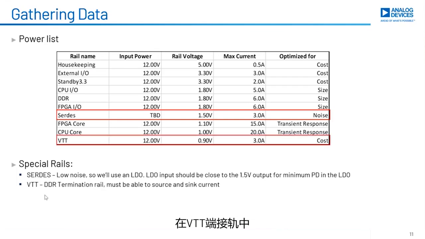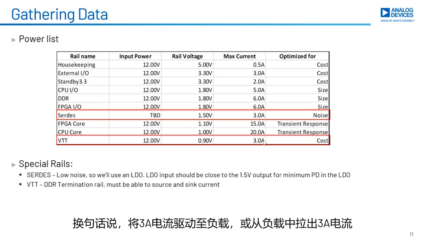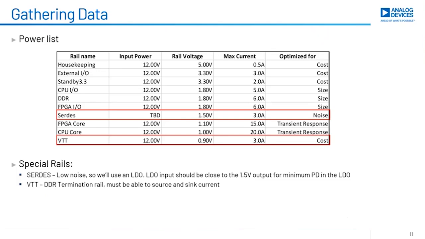And in the VTT termination rail, what's unique about the termination circuits for DDR is that they have to be able to source and sink current more or less symmetrically. And that means that this rail needs to be able to source 3 amps, in other words, drive 3 amps into the load, or sink, pull 3 amps out of the load.